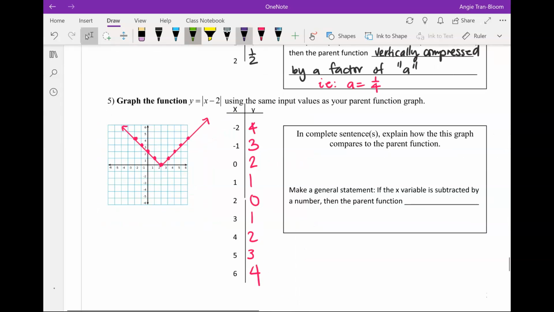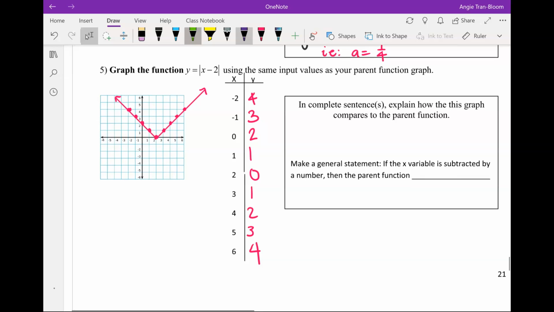Okay. So let's compare this to the parent. Okay, Naomi, give me one of your comparisons. It's a different axis of symmetry. Good. I love it. Different axis of symmetry. I like it. Different AOS. Someone else raise your hand and give me another comparison.